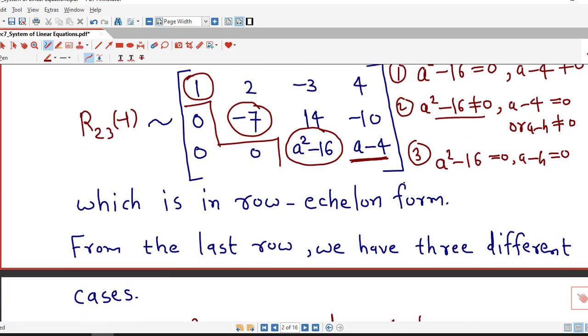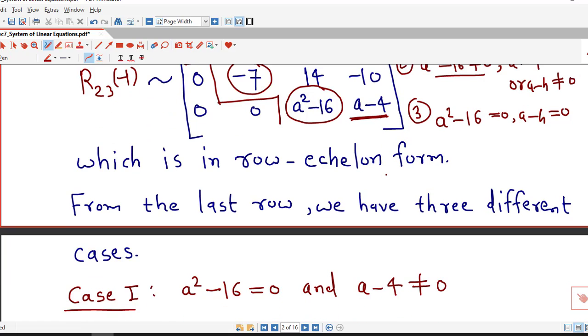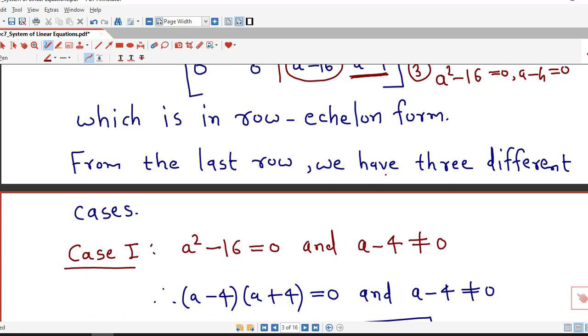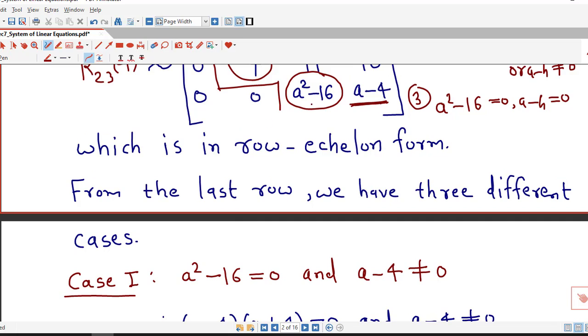So from the last row we have three different cases. First case we have considered as a square minus 16 is 0 and a minus 4 is non-zero. So if this happens, then last row will be 0 0 0 and a minus 4.